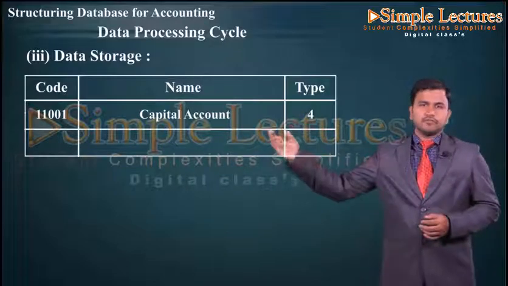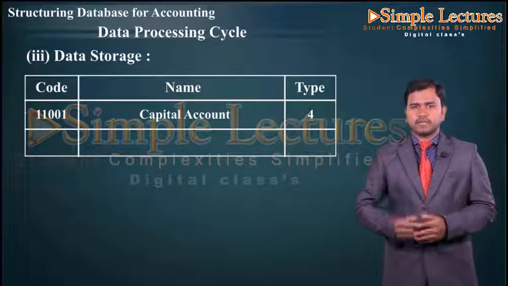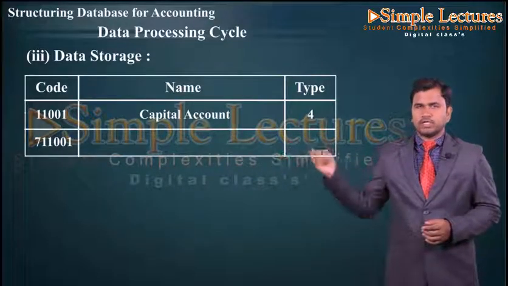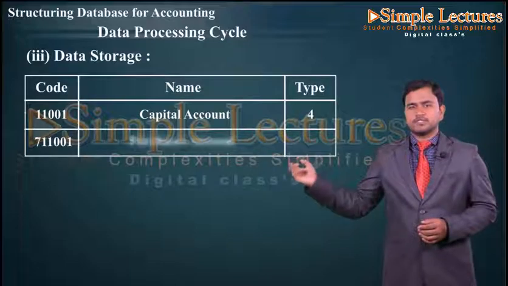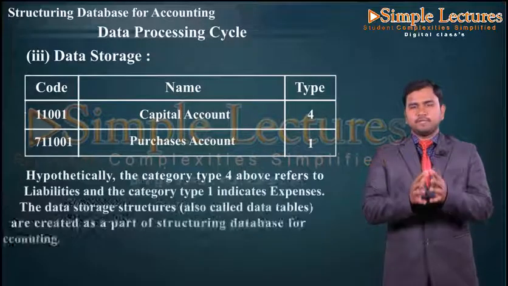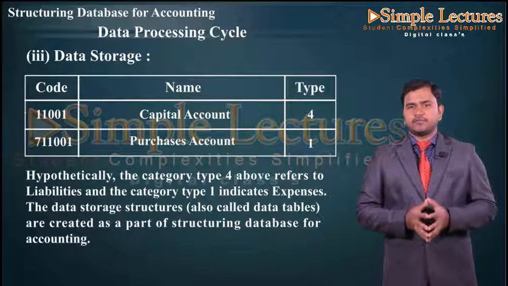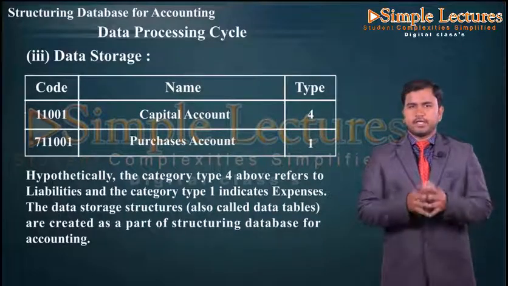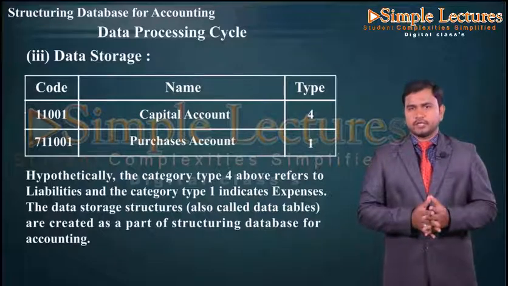Then we have the code for purchases, which was 711001, the name of the account will be purchases account and the type 1. Hypothetically, the category type 4 above refers to liabilities and the category type 1 indicates expenses.